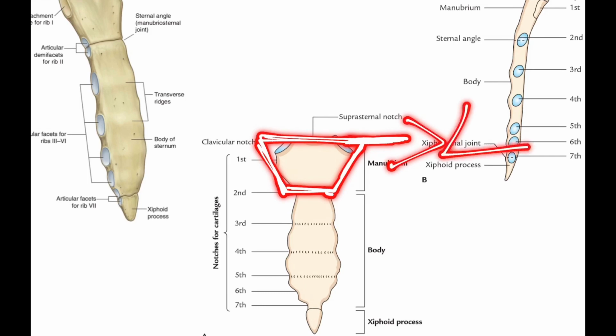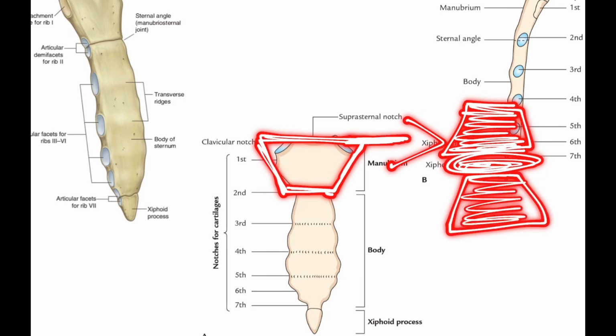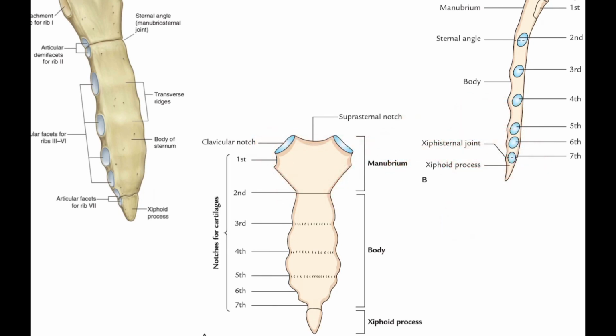Just assume this as the 3rd thoracic vertebra, this is the intervertebral disc, and this is the 4th thoracic vertebra. This manubrium sterni is the thickest and strongest part of the sternum.